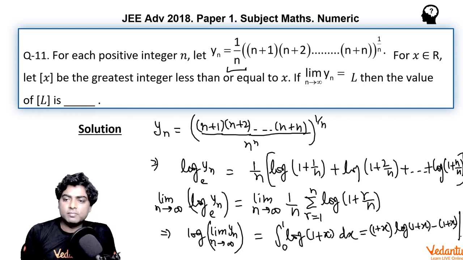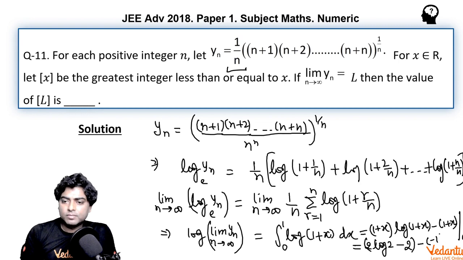After putting limits 0 and 1, at 1 it is 2 log 2 minus 2, and at 0, log 1 is 0, so you'll get minus of minus 1.